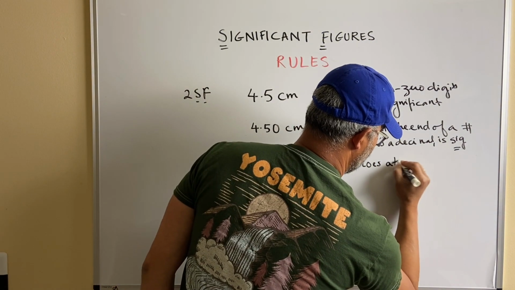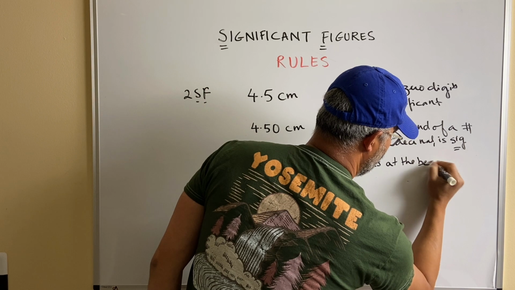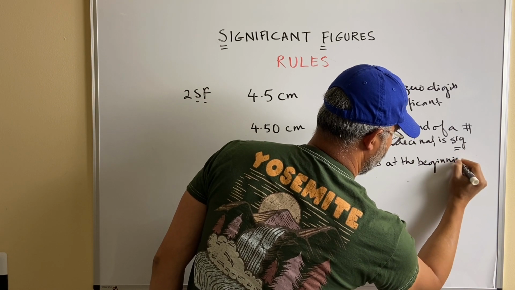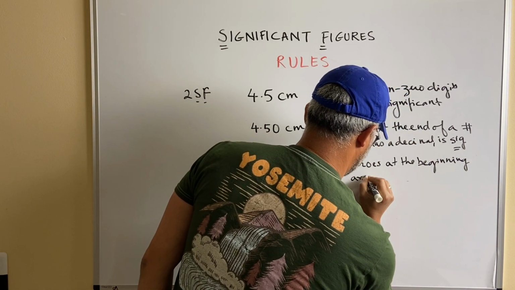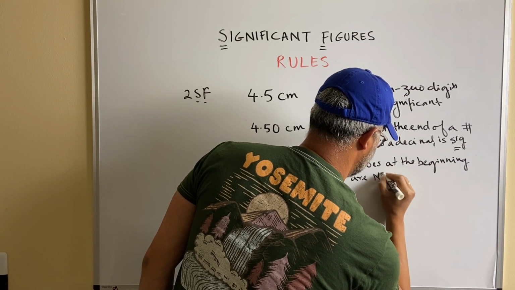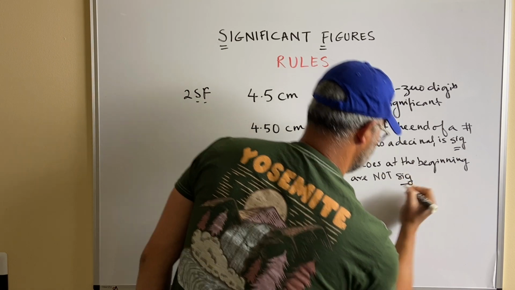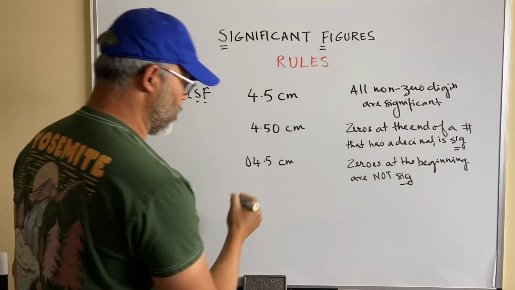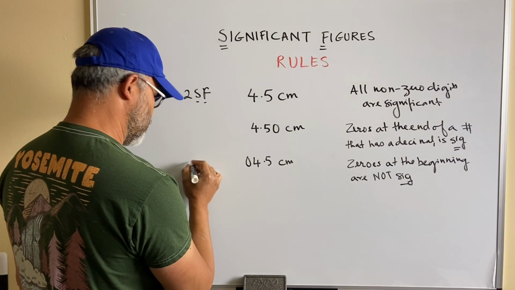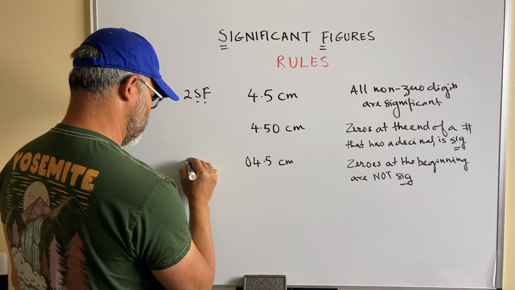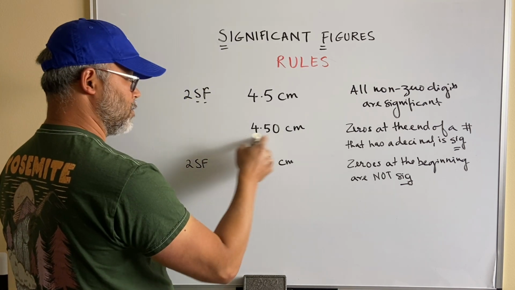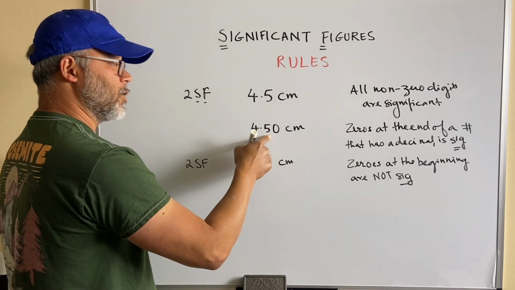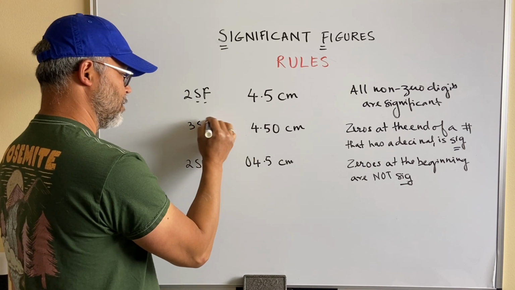Zeros at the beginning of a number are not significant. Therefore, this number is actually two significant figures. And I forgot to say how many this number was. That's 1, 2, 3 significant figures.